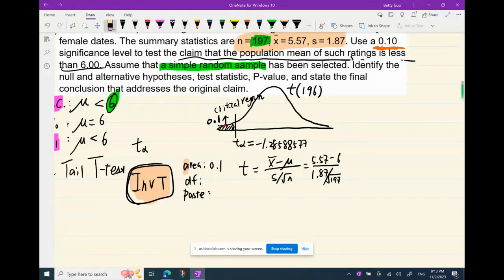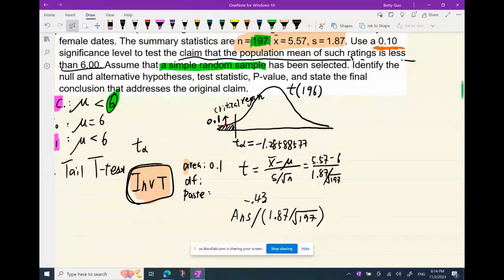Let me write what I have here, okay? I have negative 0.43, and then I divided by answers, slash, left parenthesis, 1.87, divided by square root 197, and then close the parentheses.